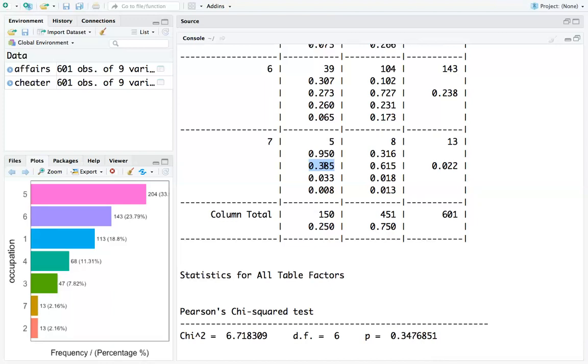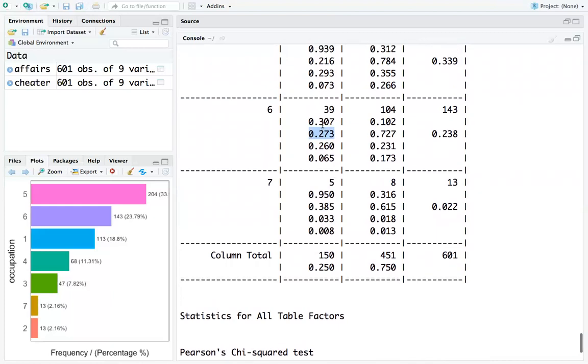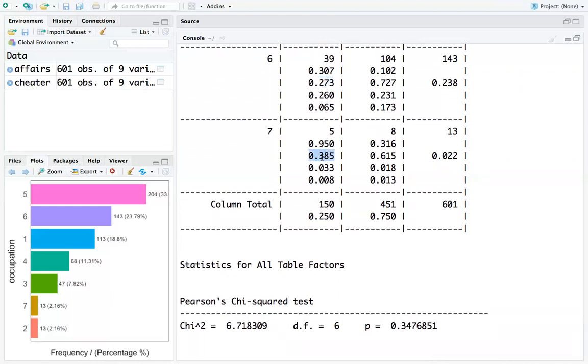So if this p-value were to be significant, then I would say that there is a difference between being nice and not nice, depending on nationality. Which one is nicer? Well, I can take a look at these percentages that I'm looking at, okay? If this came out to be significant, I would report that occupation 7 seems to be more cheaters.